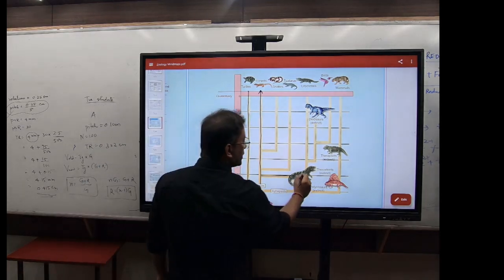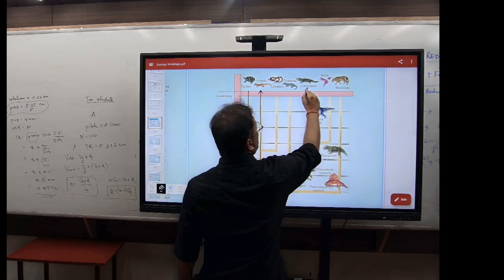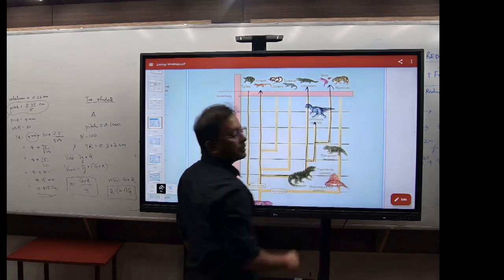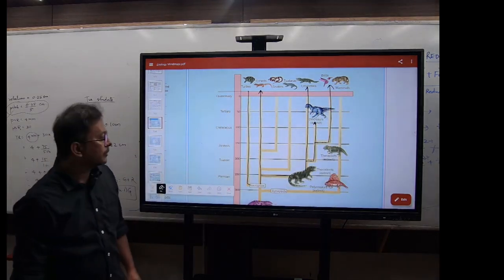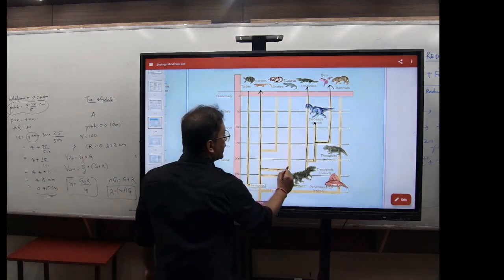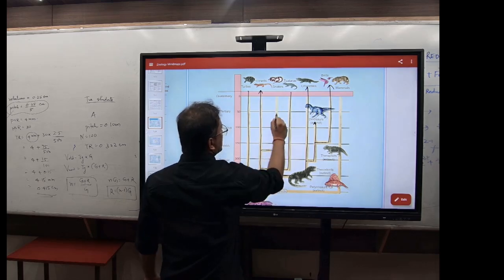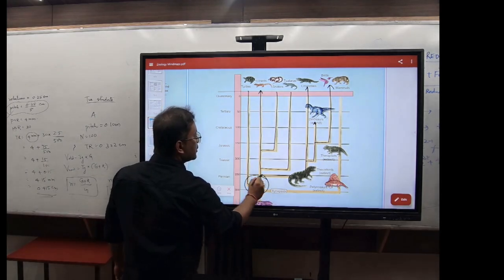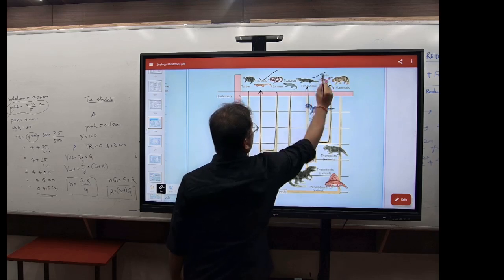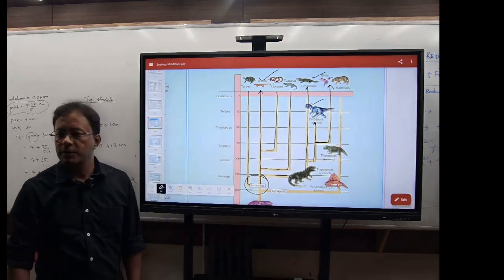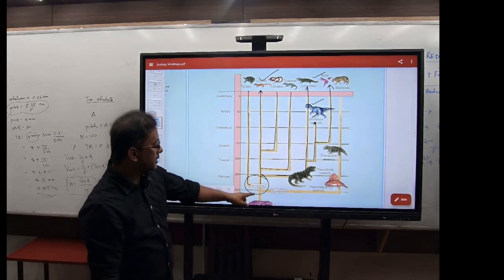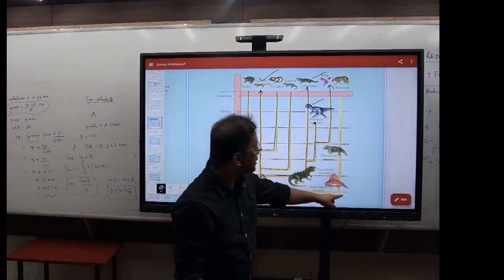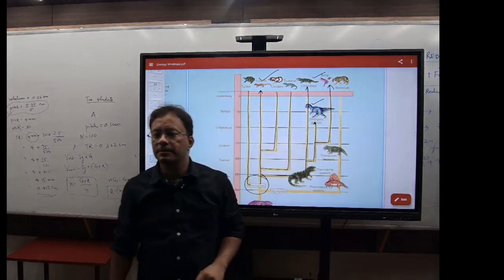And this Thecodont was the ancestor of crocodiles and dinosaurs, and also of birds. And these sauropsids gave rise to tuatara as well as snakes, which means this one group was the ancestor of lizards, birds as well as dinosaurs. And the cousin of the sauropsids, known as the synapsid, was the ancestor of all the mammals.